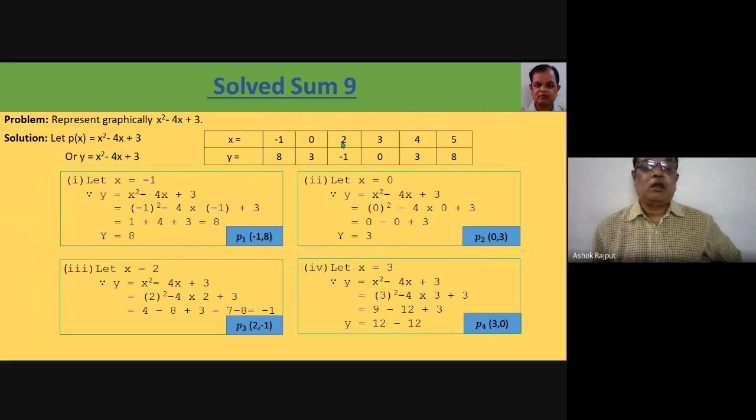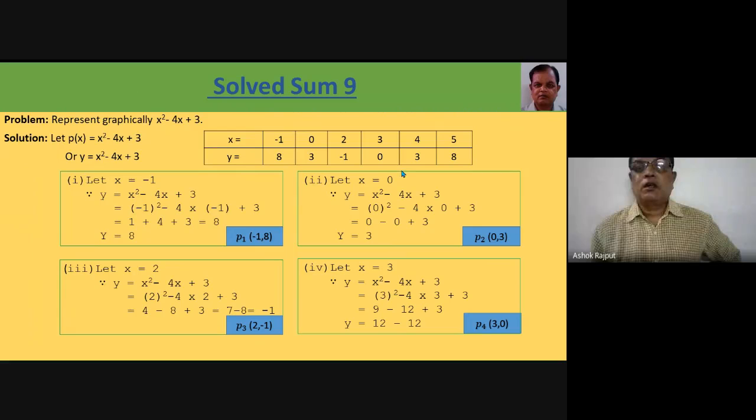We put x equal to 2 in the polynomial: the square of 2 is 4, then minus 4 into 2 is 8, plus 3. Then 7 minus 8 equals minus 1, because the negative value is greater, so we write the negative sign. So point 3 is 2 comma minus 1.